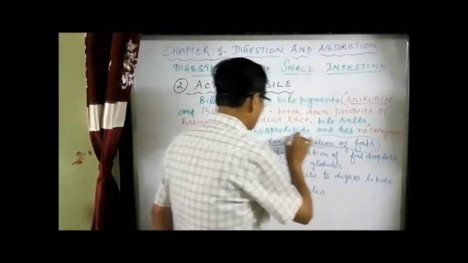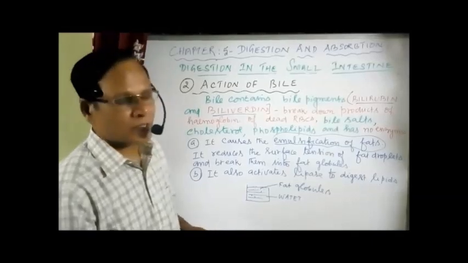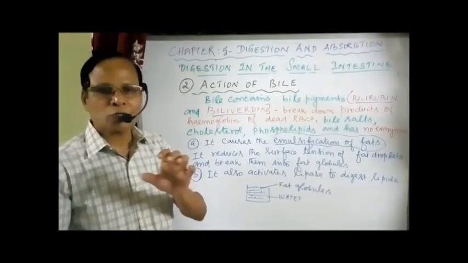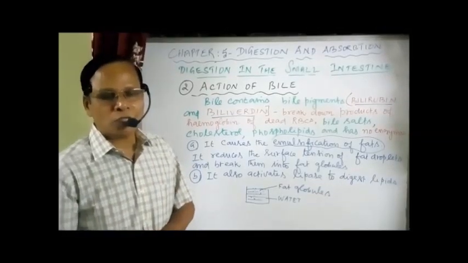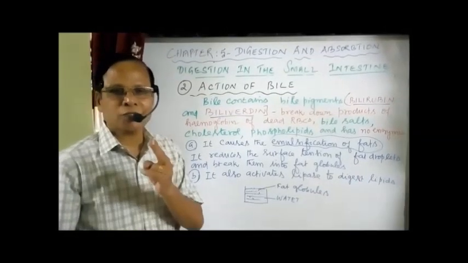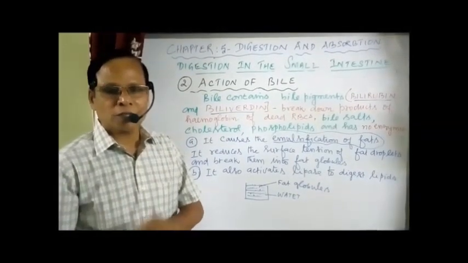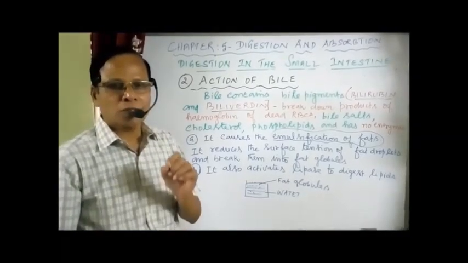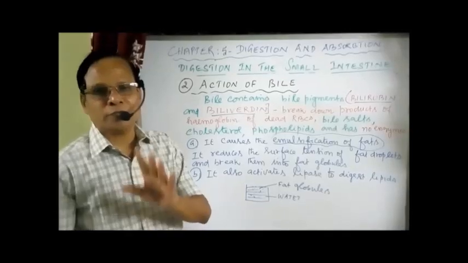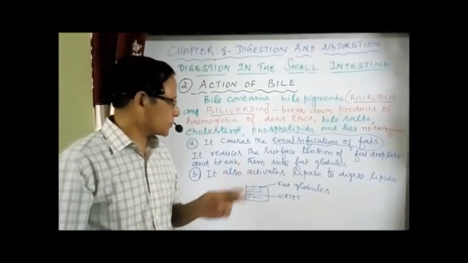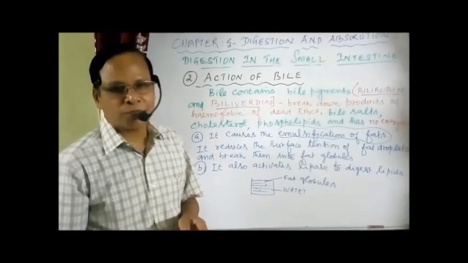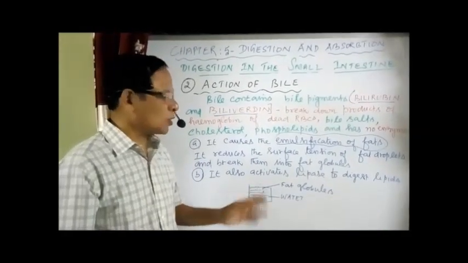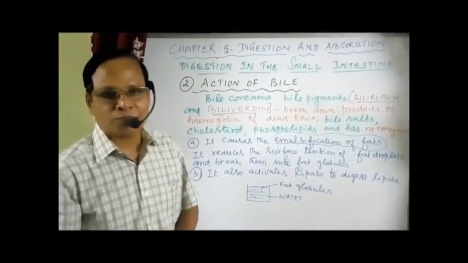What is emulsification? Emulsion and emulsoid are the two types of colloids. What is a colloid? A colloid contains two components, a solute and a solvent, called the dispersed phase and dispersion medium. There are two types of colloids, emulsion and emulsoid. For example, oil and water is an example of emulsion.